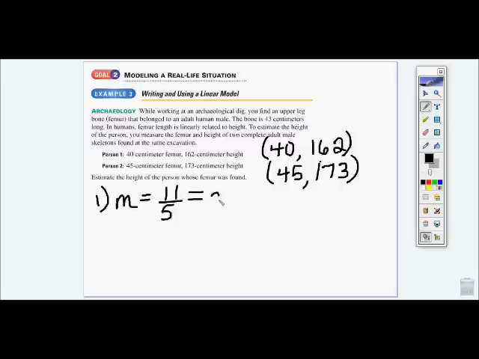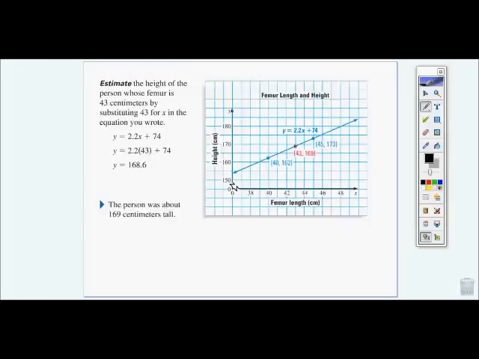The reason I'm doing that is because we are graphing, and sometimes it's easier to see it graphing. My y-intercept is going to be b, substituting back in one of the points, and I'd get that b equals 74. So the equation is y equals 2.2x plus 74.